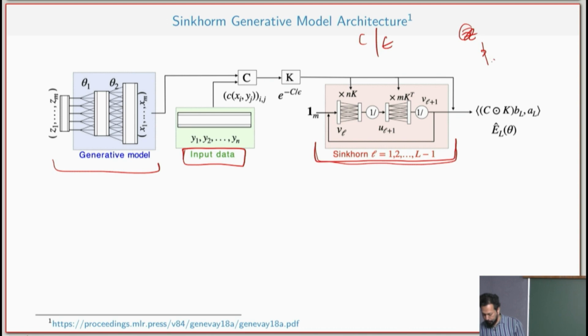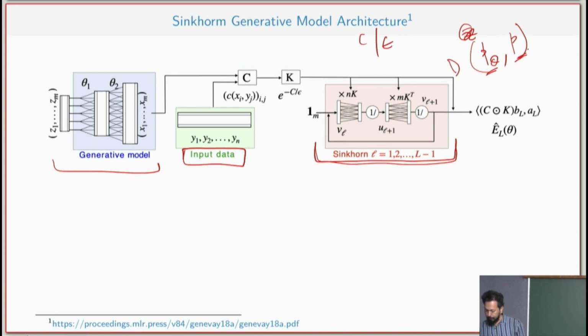This is your p theta distribution, and this is your p real distribution. So the Wasserstein distance is being computed between these two distributions.